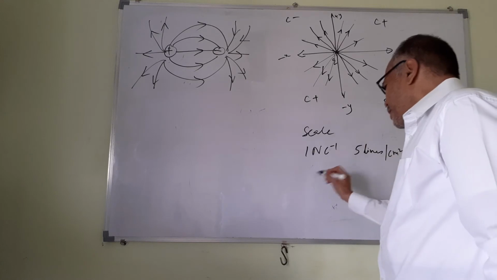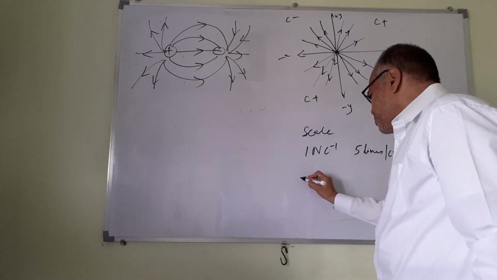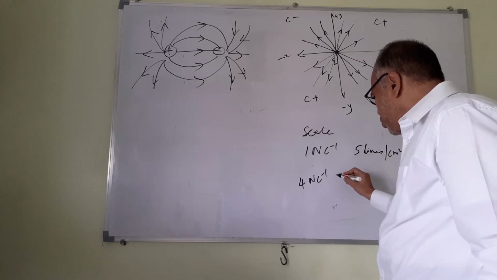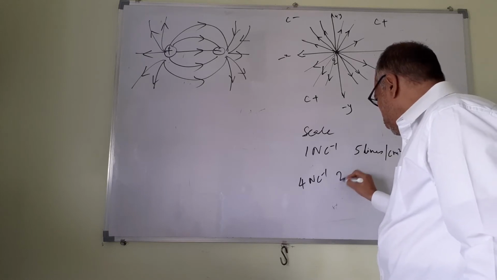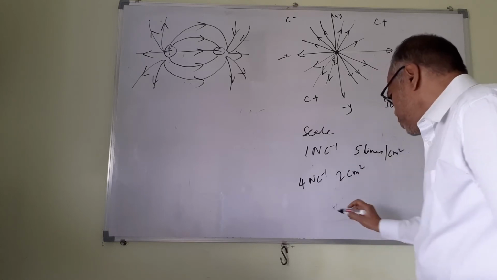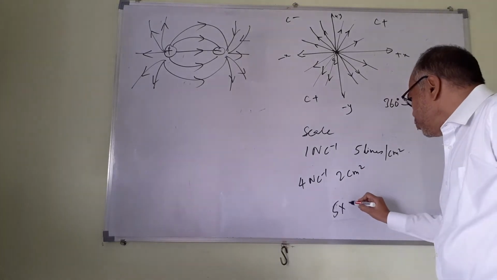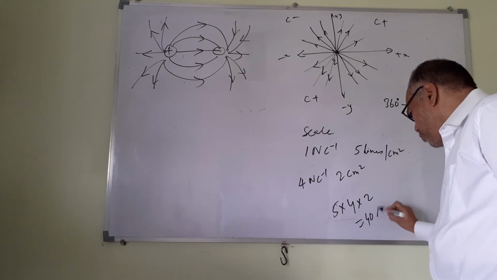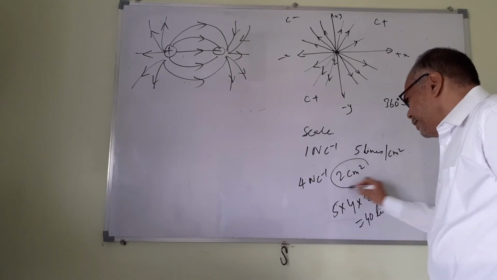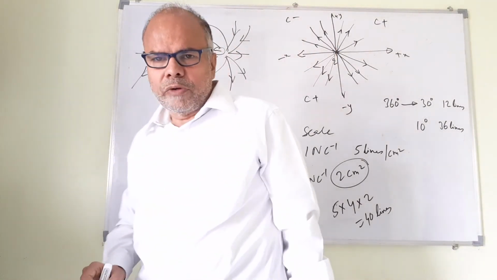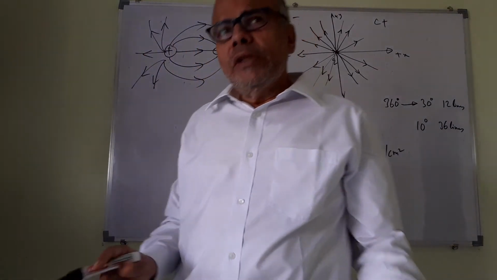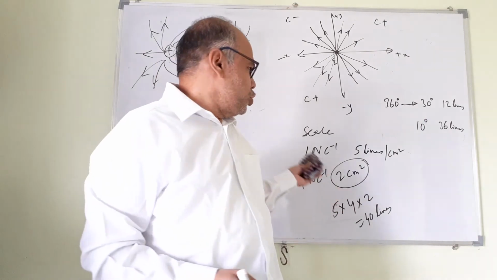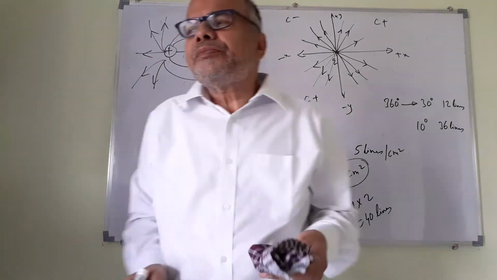So, if the field is say 4 Newton per Coulomb and the area held perpendicular to it is 2 centimeters squared, you would draw 5 into 4 into 2, that is 40 lines in an area of 2 centimeters squared. So the lines of force are drawn with respect to a certain chosen scale.